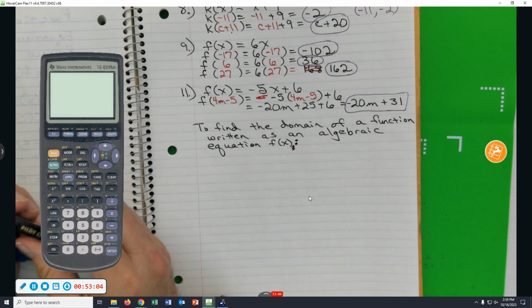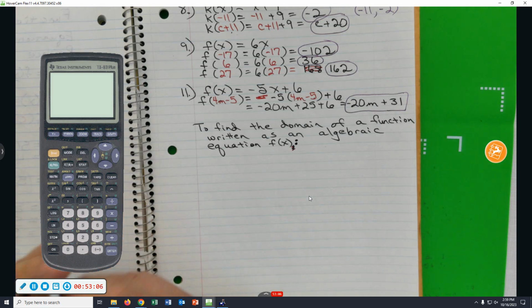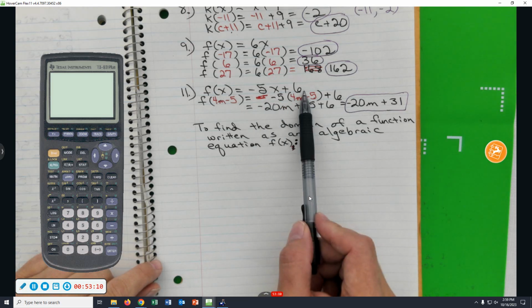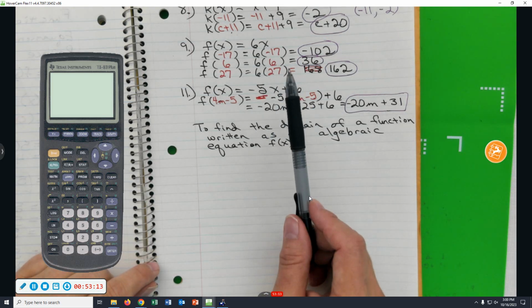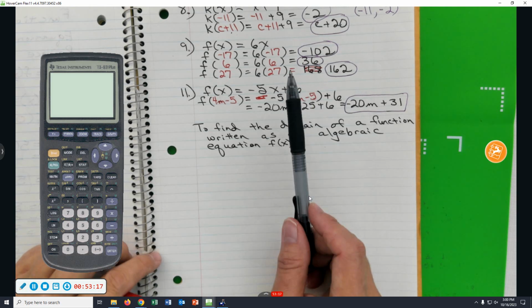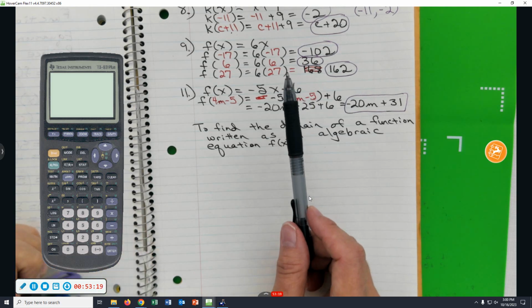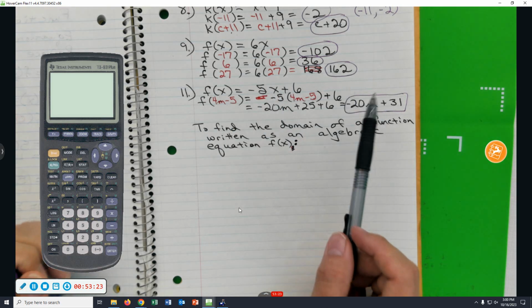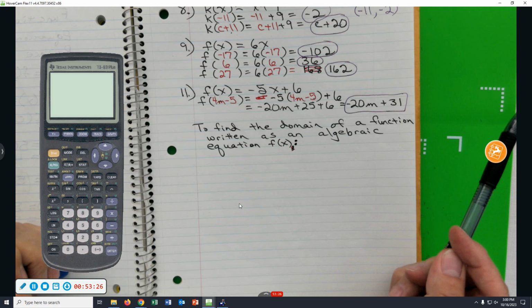To find the domain of a function that's written as an algebraic equation, f of x equals something like that, unless we're told otherwise, we're going to assume that the domain of a function is the set of all real numbers that you can plug in for x to produce another real number.